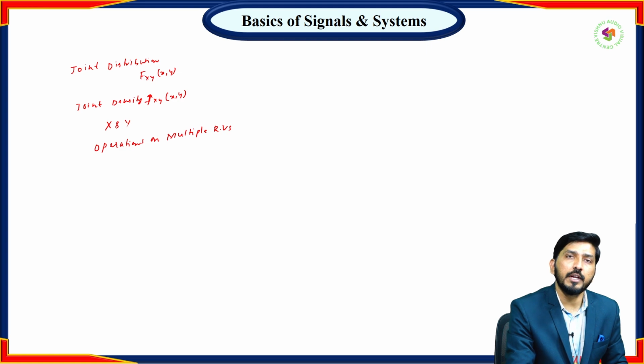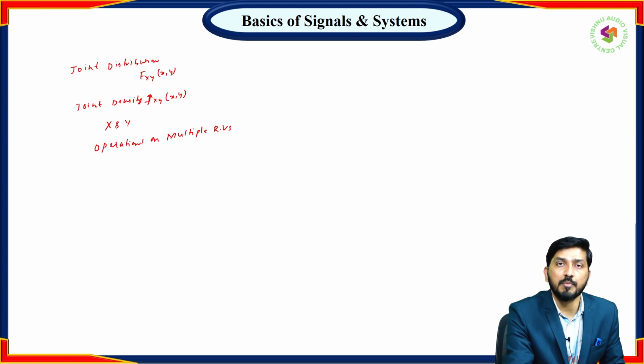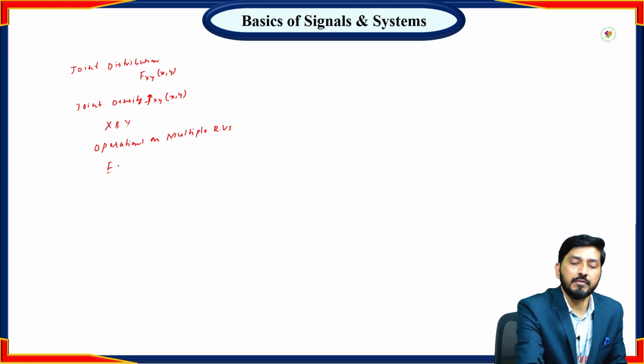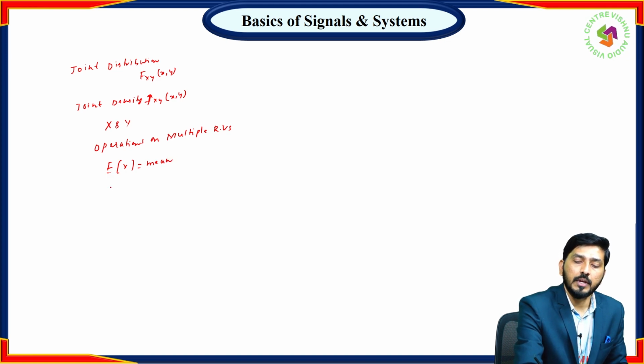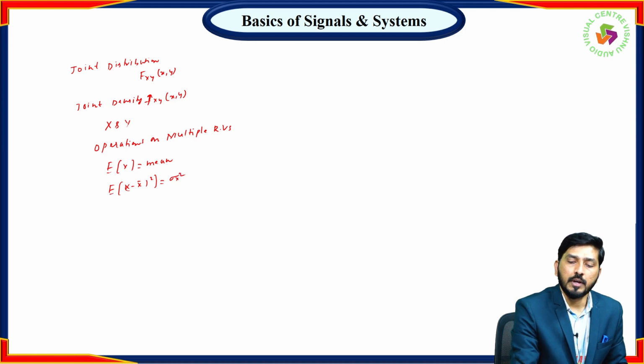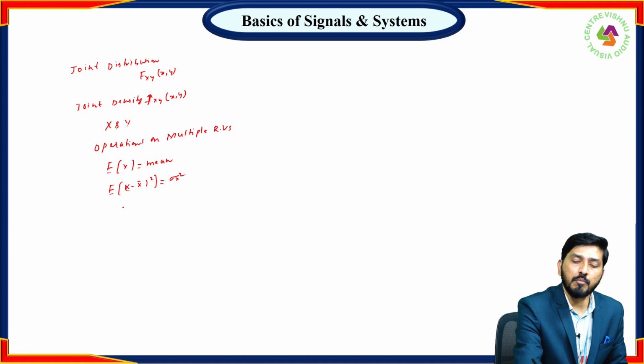Like what we did in the single random variable case, operations we have performed like expectation of X, which is nothing but the mean of the random variable, expectation of (X minus X bar) whole square, the variance, and we have seen moments.